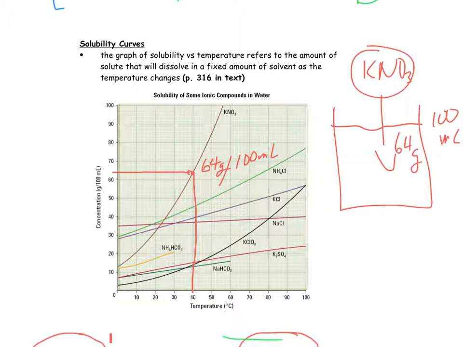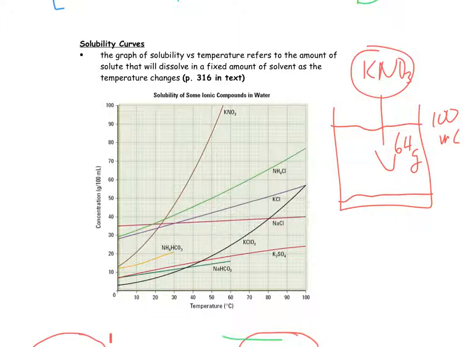Anything above that would create a saturated solution, and I would see a precipitate in the bottom. And if I added less than that, I would have an unsaturated solution. All right, so let me get rid of some of this, and then we'll talk a little bit more about solubility curves.